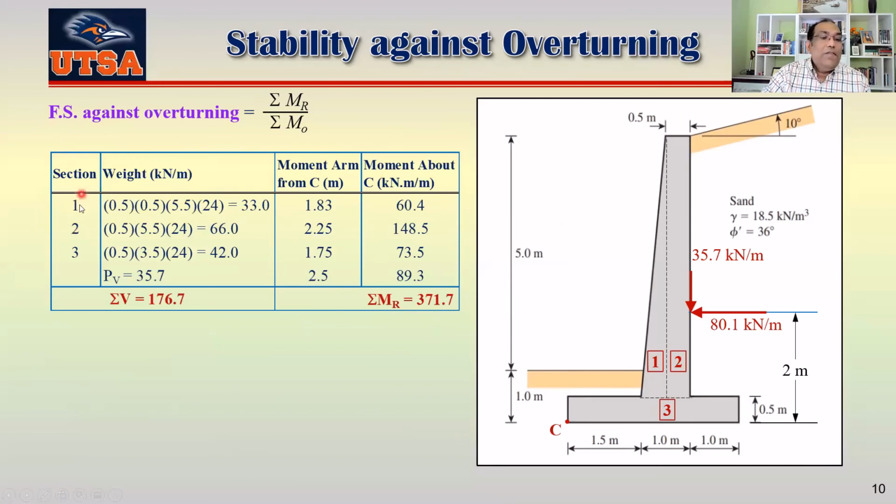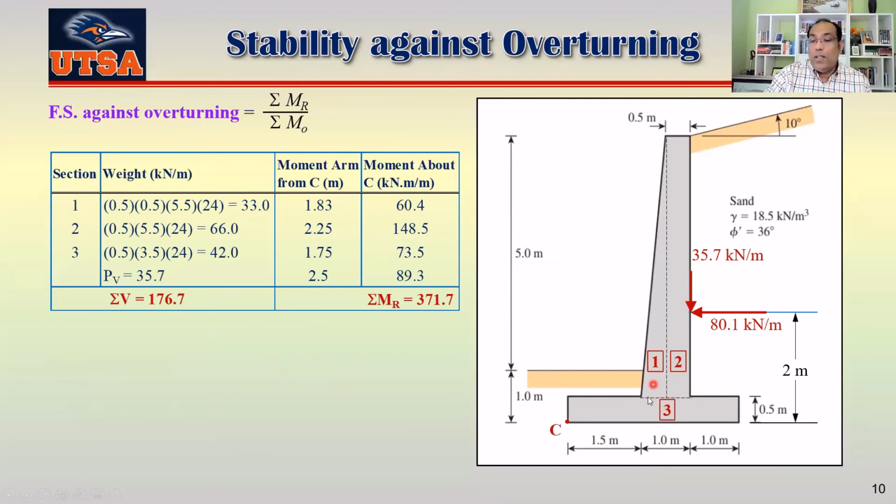I have 3 different sections, 1, 2, and 3, and then I also have a vertical force, which is the vertical component of the active force here, 35.7. Similarly, this is the area multiplied by 1 in the other direction, and you multiply that with the unit weight, so you get the weight of this particular section.